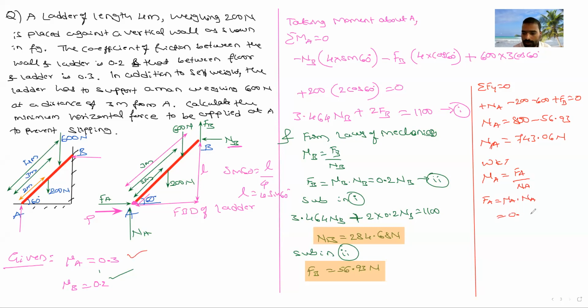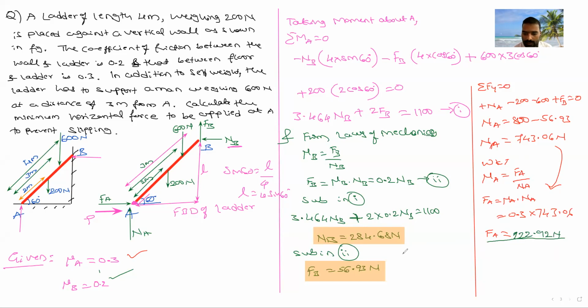So that is 0.3 into NA, which is 743.06. So you will get the value of FA. FA is equal to 222.92 Newton. So this is the value of FA.